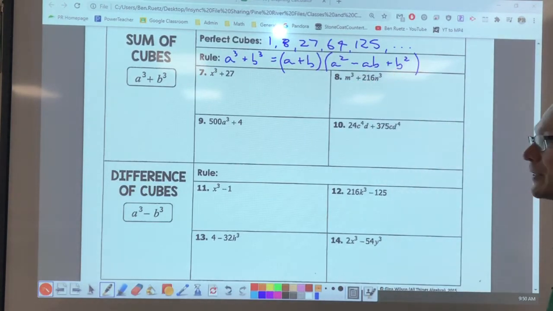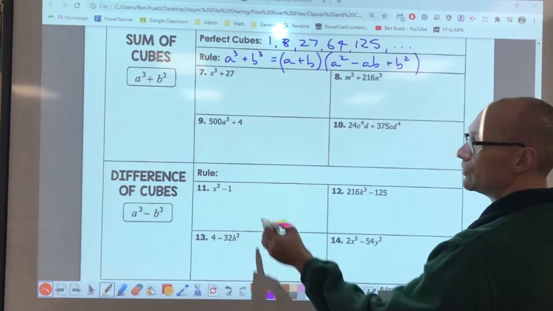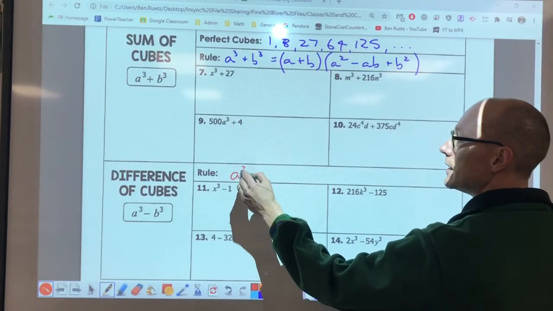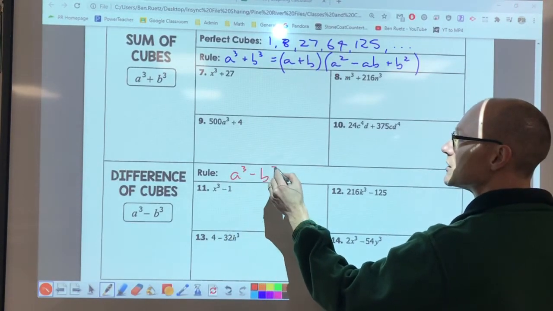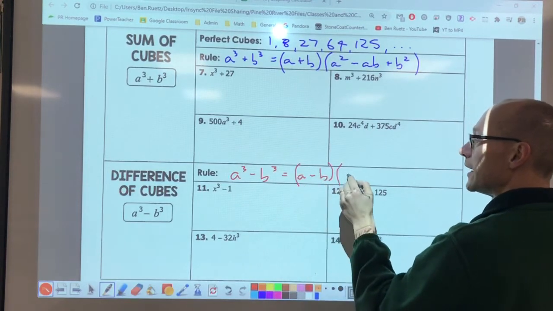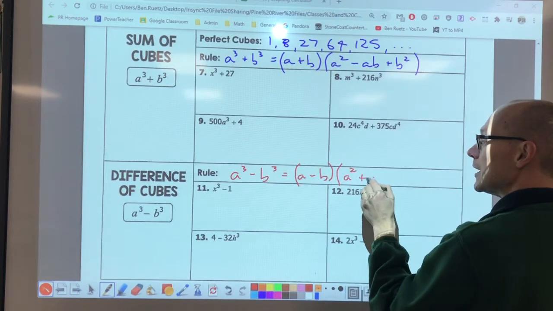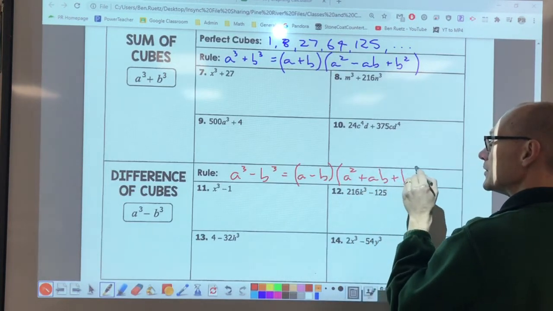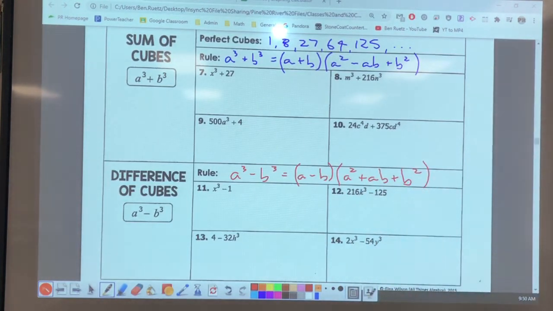And the difference of 2 cubes is if you have a cubed minus b cubed, that's going to be a minus b times a squared plus ab plus b squared. Whew. So let's see if we can figure out how these work right here.